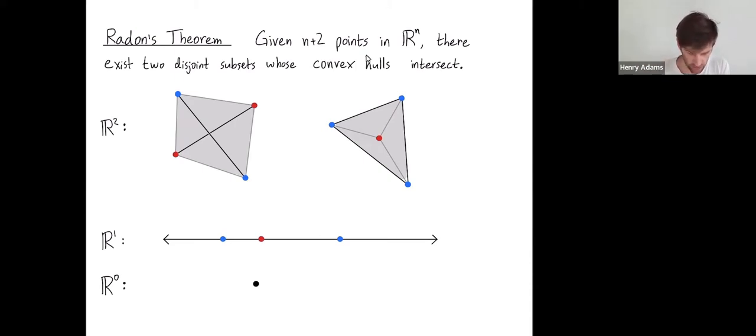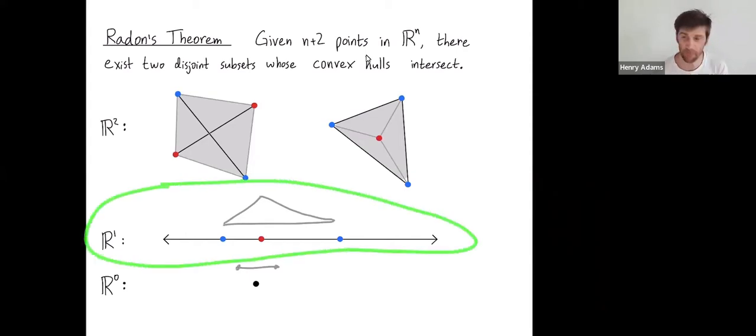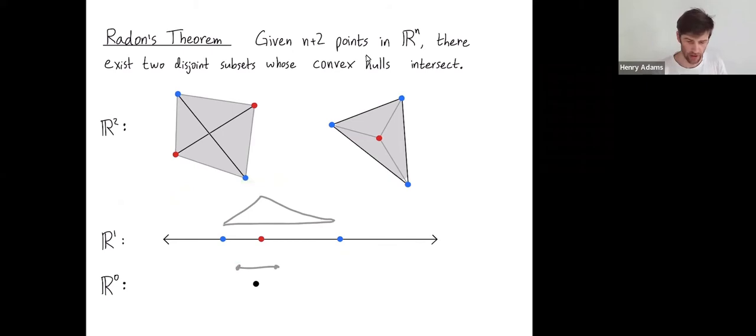You should also think of this as mapping simplices down. So in the real line, you should think of this as mapping a triangle to the real line. And no matter how I map the triangle to the real line, I can always find 2 disjoint faces in the triangle, the blue edge and the red vertex, whose images collide once I map this triangle to the line.